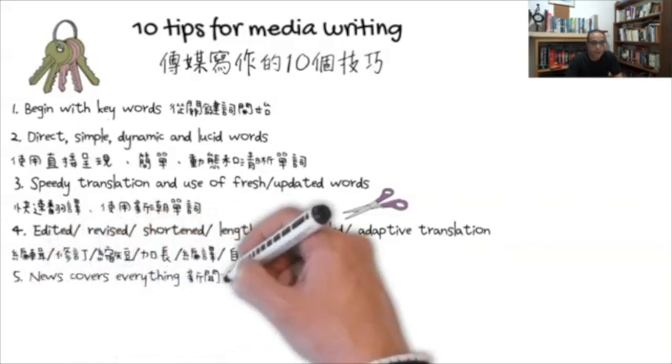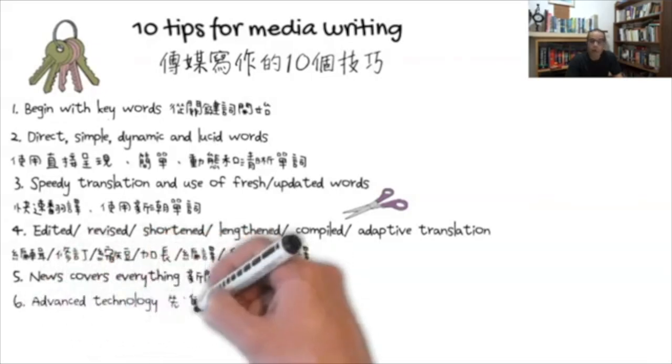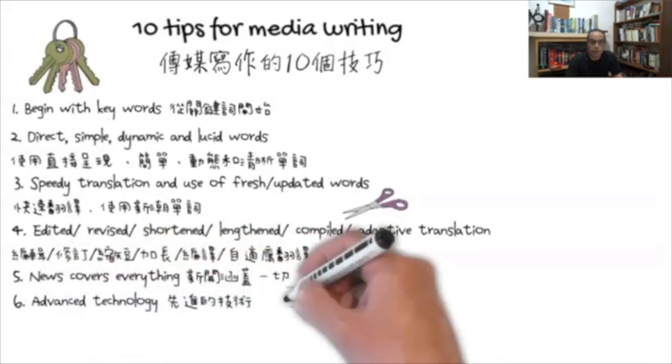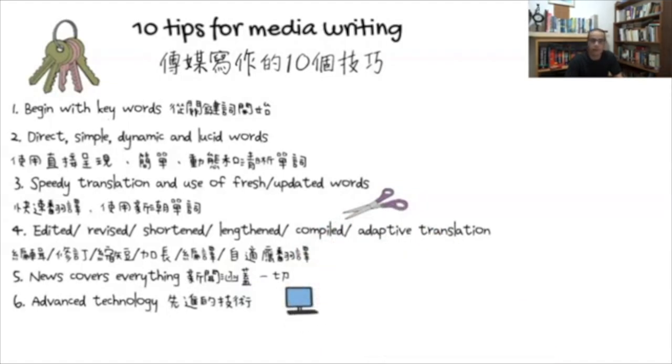The fifth tip is that you should know that news covers everything around us, everything in life. News covers it. So you need to know a little bit about everything. You need to know something about everything. You need to inform yourself of something about everything around you. Tip number 6. In our time, advanced technology invaded journalism as it has invaded everything in our life.